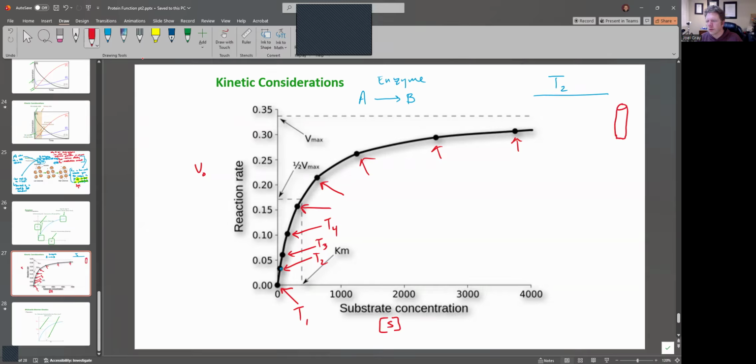Here's our test tube. And they're going to get a substrate, making a final substrate concentration of, let's just go ahead and call that 75 nanomolar. I'm going to put the substrate concentration in nanomolar.